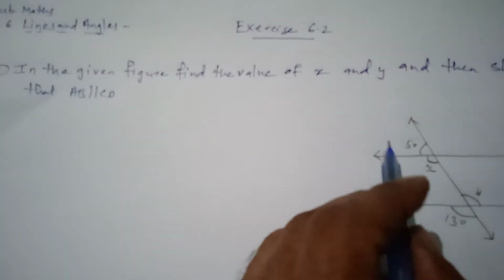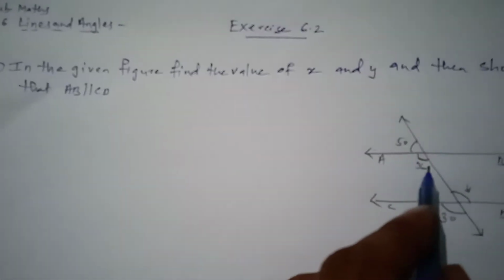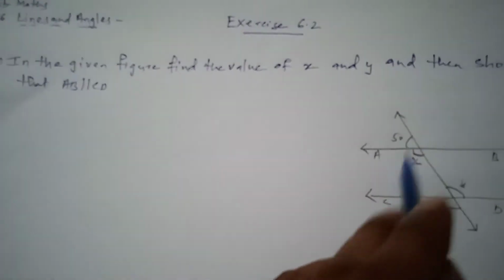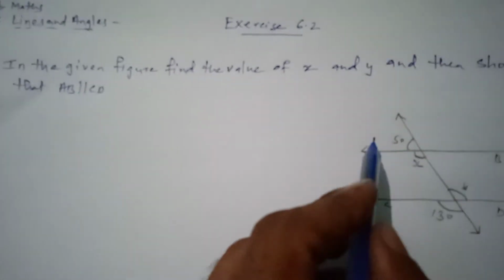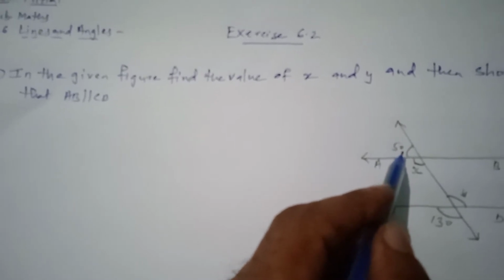We all know if two parallel lines are intersected by one transversal line, we get 8 pairs. Out of these 8 pairs, one of the pairs here we can see is the angles forming linear pair.